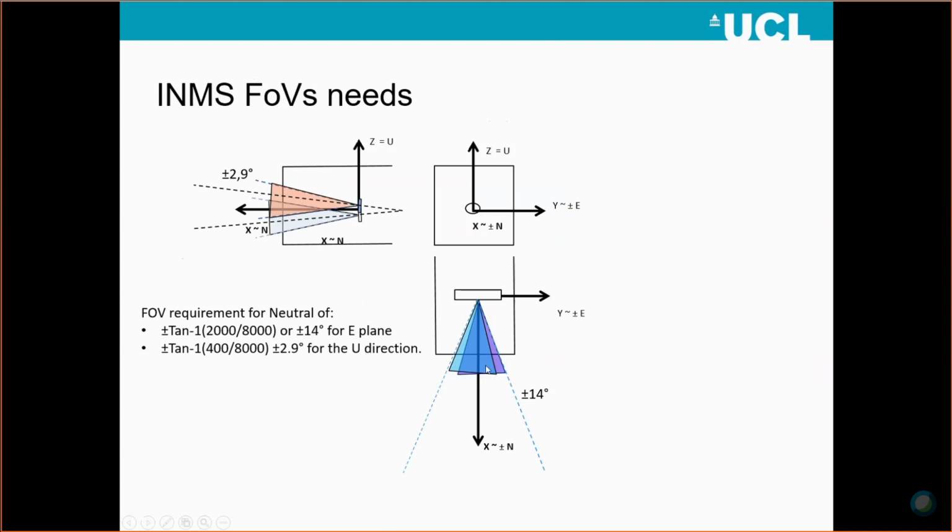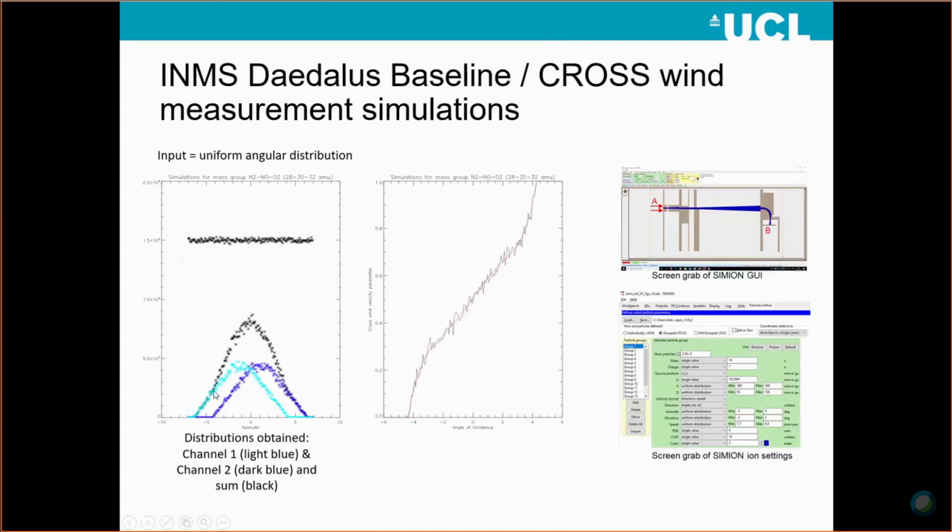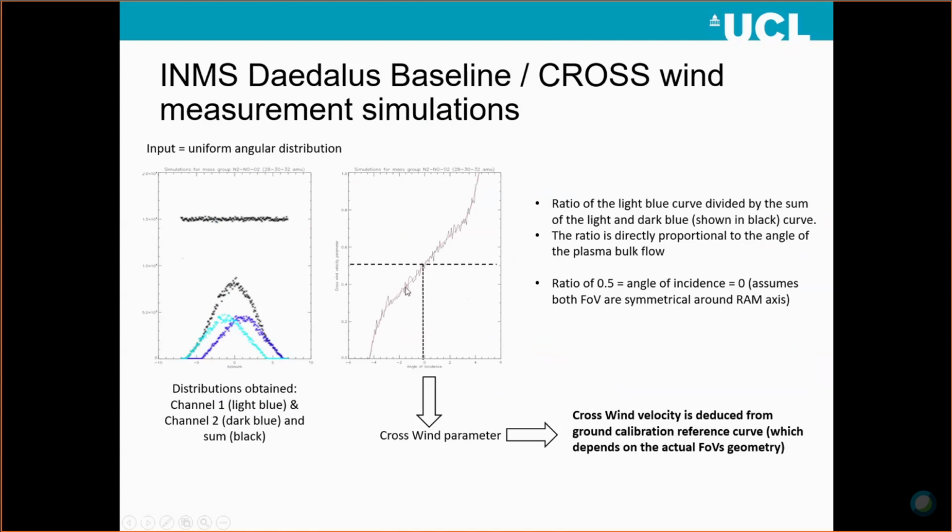The technique we are using is two separate apertures in two different look directions, with the data from one overlapping with the other. By dividing one by the other, you can extract a measure of the incoming direction of the plasma, and that parameter then leads us to a measurement of the crosswind.